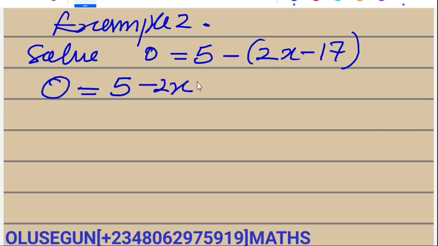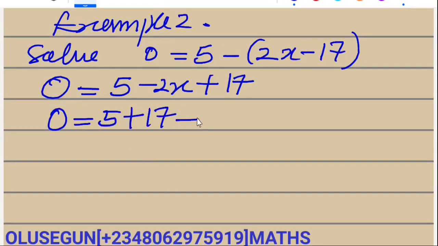Minus times minus, we have plus 17. From here also, let's collect the like terms. We have 5 plus 17 minus 2x. You are not changing it also. Let's add 5 with 17. It will surely give us 22 minus 2x.